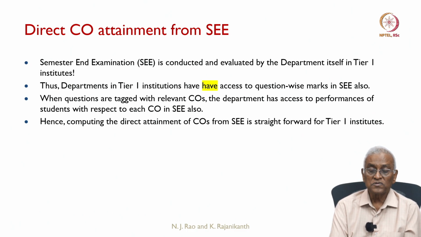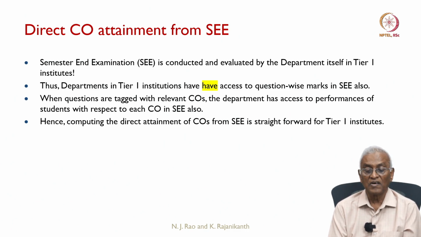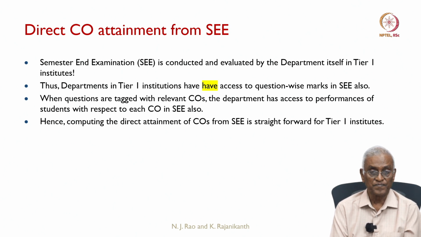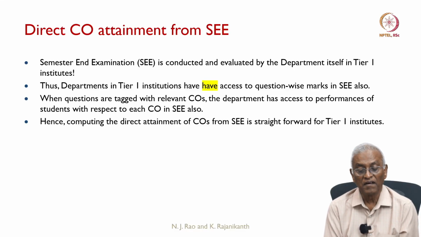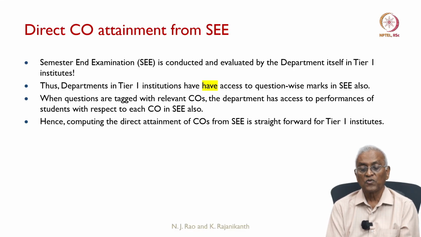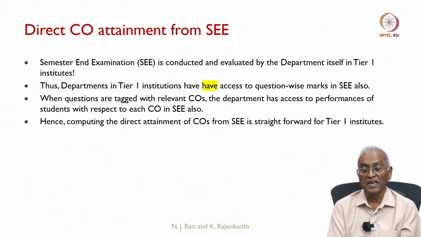But when it comes to SEE, as it is practiced now, the semester examination is conducted and evaluated by the department itself in tier 1 institutions. Thus, sorry for the error, departments in tier 1 institutions have access to question-wise marks in SEE also.